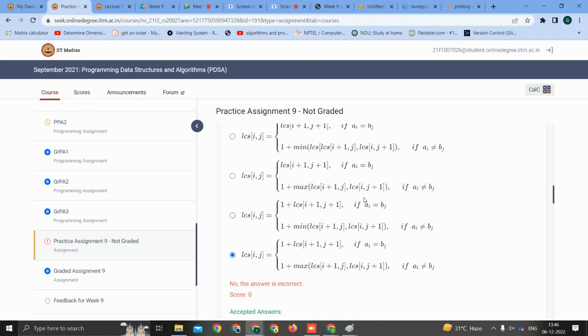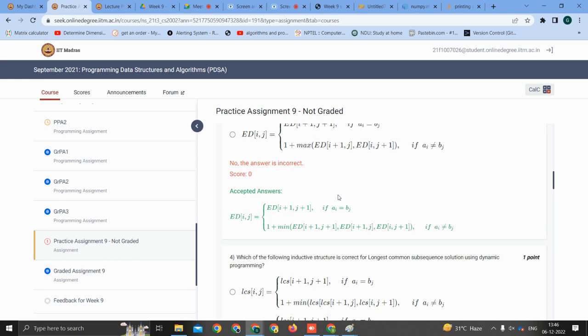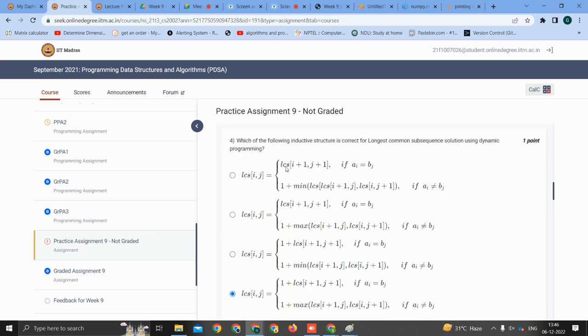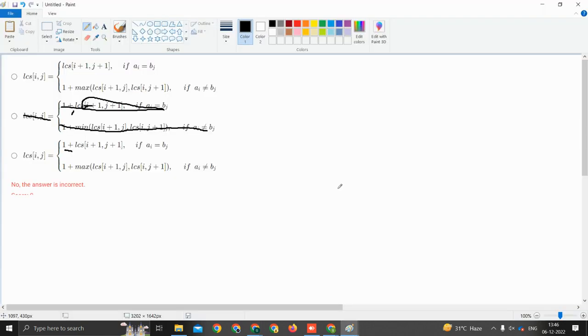Okay. See, that's the difference here. Edit distance was a different logic, and longest common subsequence is a different logic. To remember this: in edit distance, we are trying to calculate the minimum, right? Minimum edit distance.